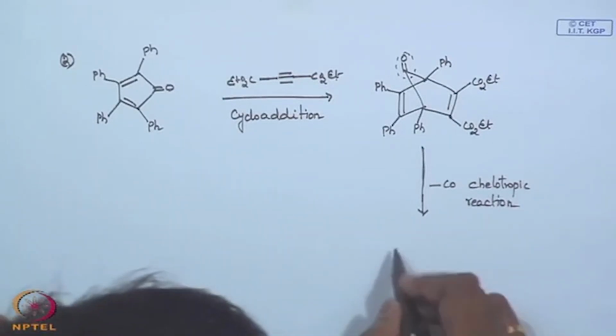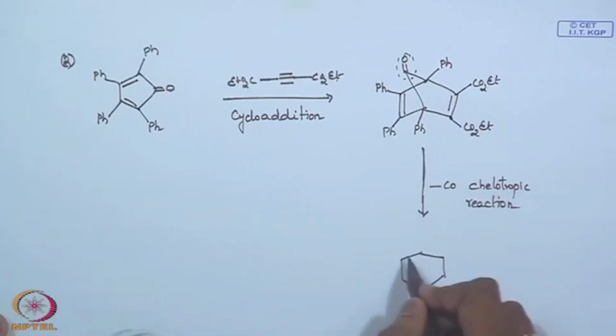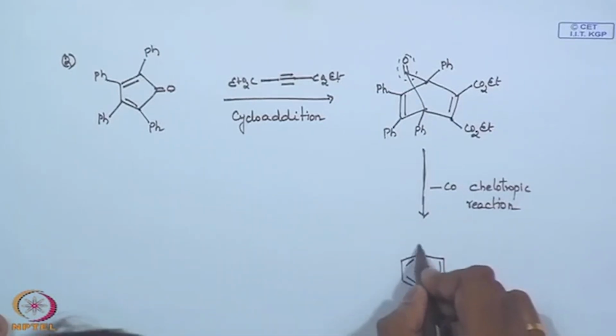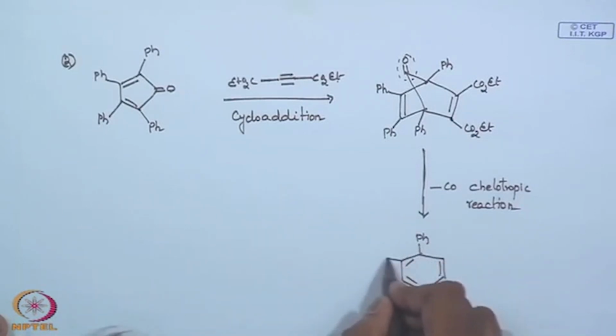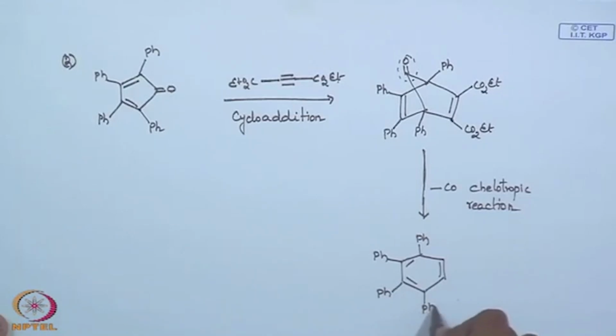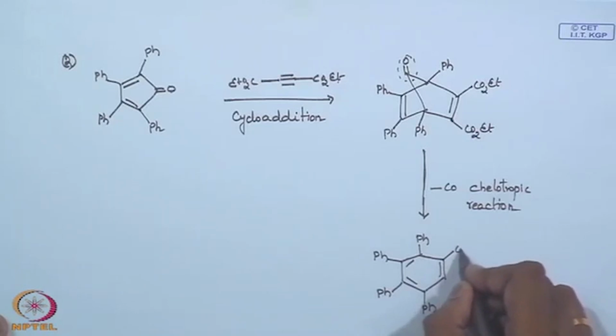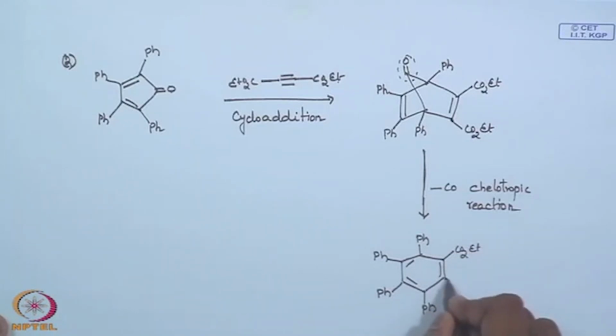So your product should be then an aromatic ring with your phenyls, then you have your CO2Et.